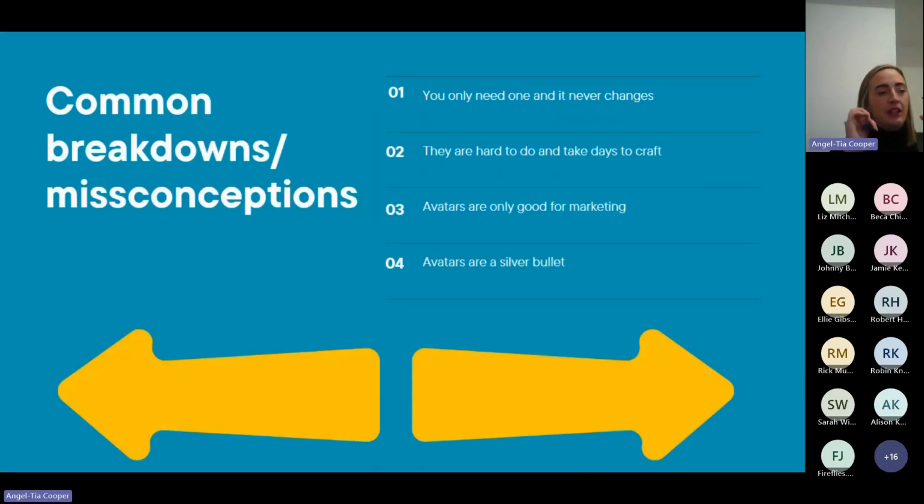Okay, and I like to include this bit: if we look at the common misconceptions or barriers that stop people from moving forward with this, some people think you only ever need to create the avatar once and that it never changes. That isn't true. It's a constantly evolving piece of marketing material, but it isn't just for marketing.